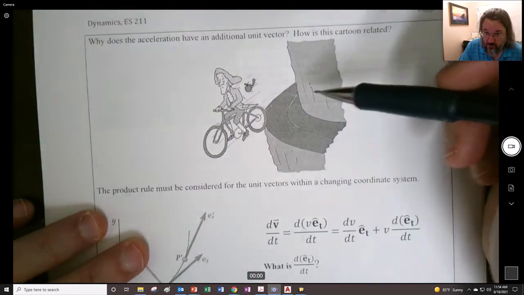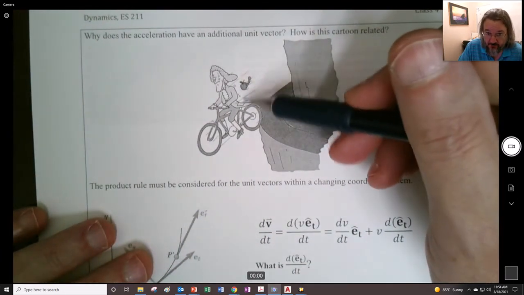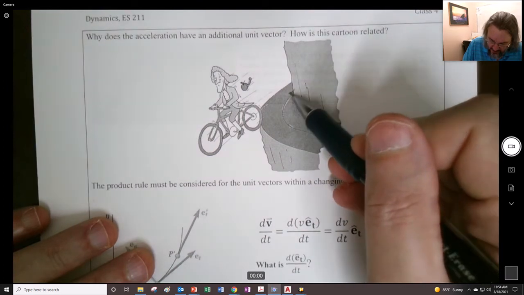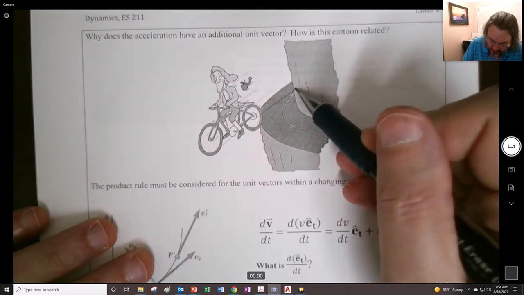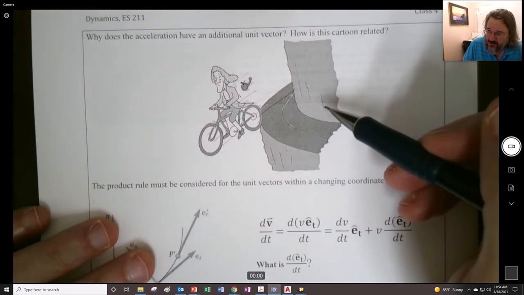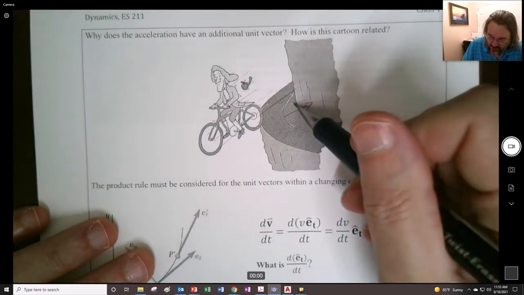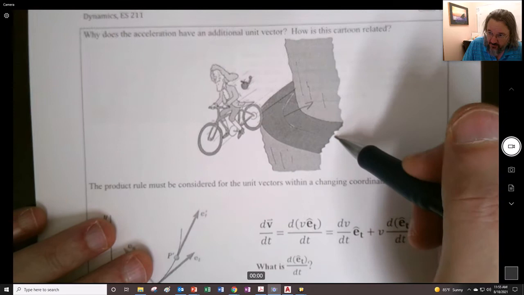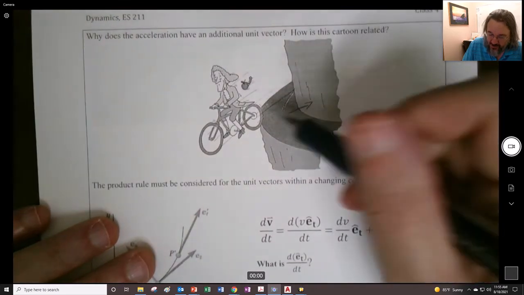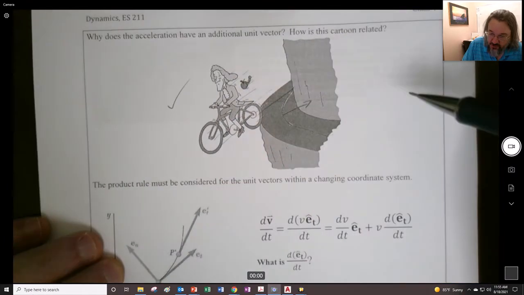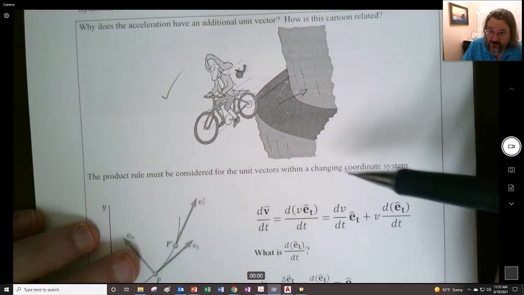Here again is Newt Dog running off tangent to the path, and he just keeps on going. He needs to have acceleration towards the inside of this curvature to stay on the path, but he doesn't. So that is what this cartoon is trying to display and stick in your mind.